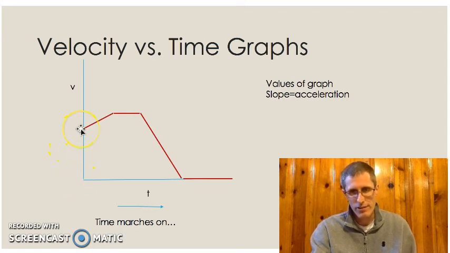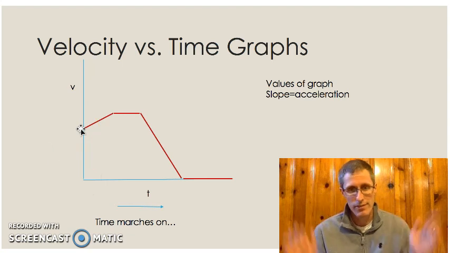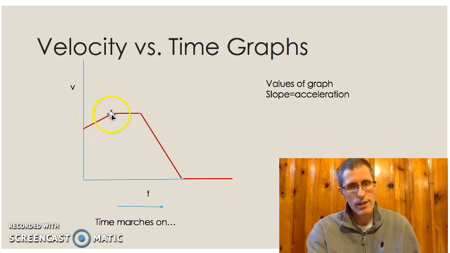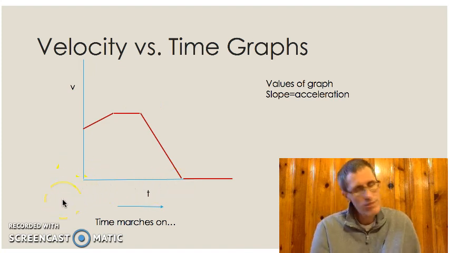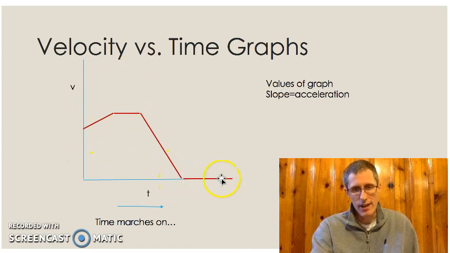But let's say it starts off at, say, 10 meters per second. So why not? Now, when it comes over here, it must be at some bigger velocity because it's up higher. So maybe that's 12 meters per second. And then when it goes down here, oh, this must be 0 meters per second because it's on the time axis. Okay, so that gives us a little bit of something. It's moving here, it's not moving there.